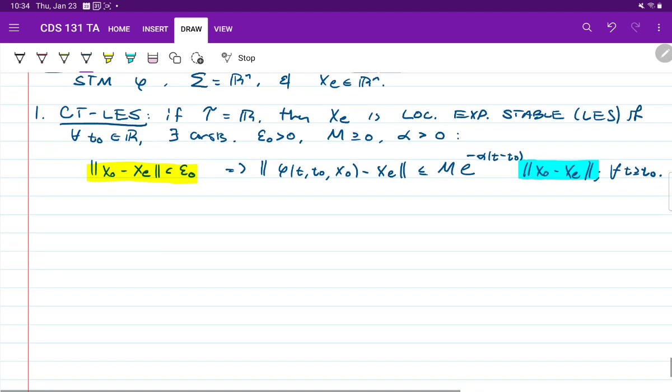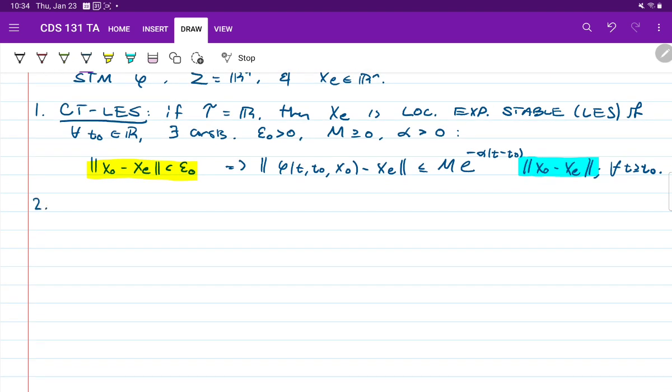What about discrete time? Well, in discrete time, instead of having an exponential term, we'll have a geometric decay term. So this is kind of what we saw before in this Laplace Z transform case where we take an exponential and we convert it to a geometric term. It's going to be the same thing here. So discrete time, local exponential stability.